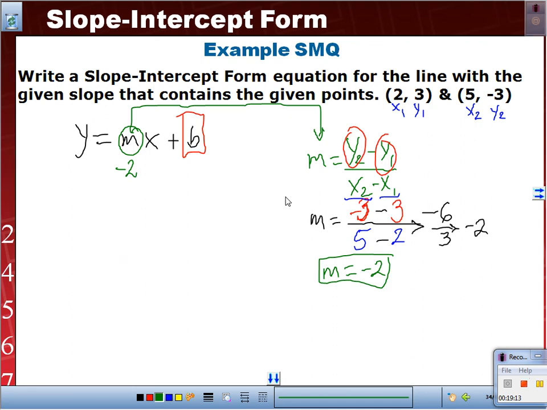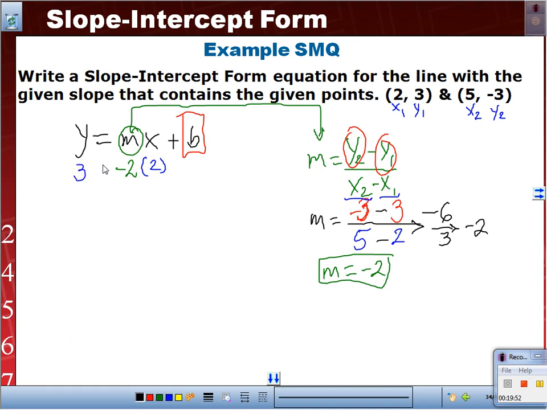Now, on the previous problem, we had the slope and 1 point, didn't we? So basically, to find b, what do we need to substitute now? An x and a y. Do we have that? Yes. Either this one or this one. Does it matter which? No, because both points are on the line. Which one would be the easiest to substitute? 2 and 3, because they're all positives, right? So instead of x, we'll go there, 2, and instead of y, we'll go there, 3.